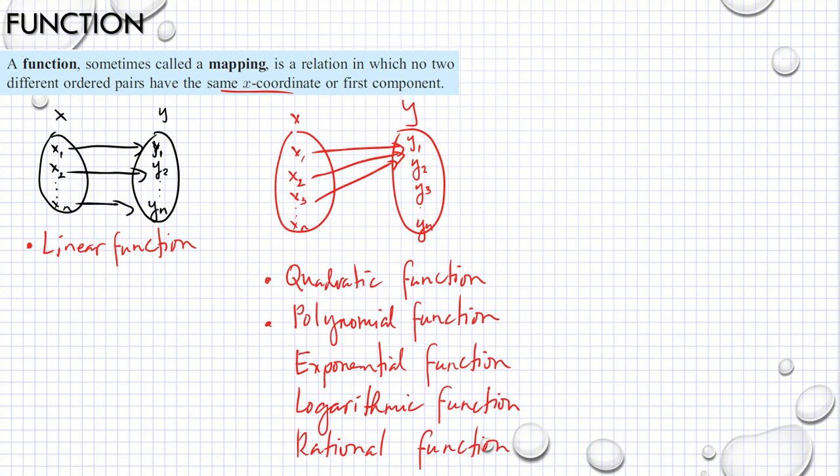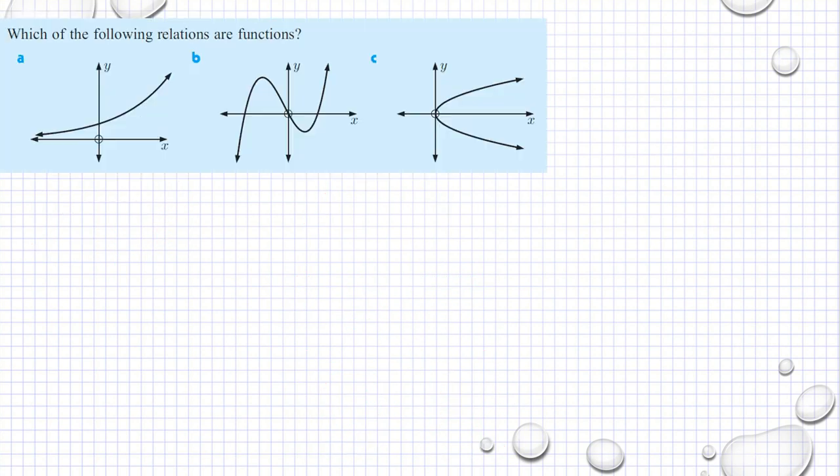Aside from this mapping, there is also a test that you can do. It is called the geometric test. Why? Because if you can draw a line and you cross the graph at only one point, as you can see here, then it is a function.